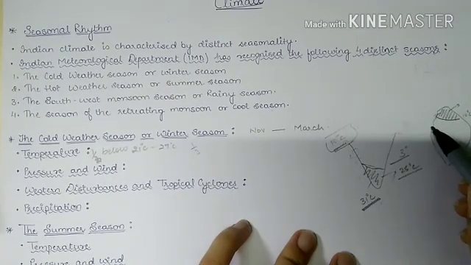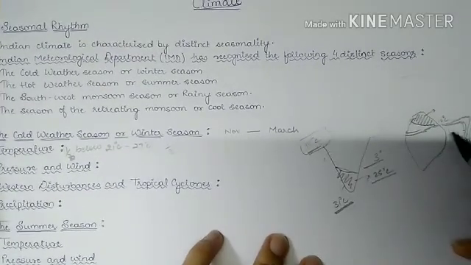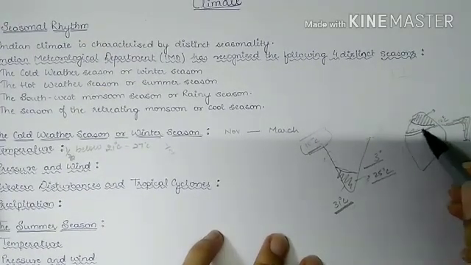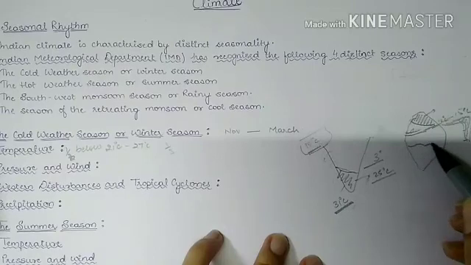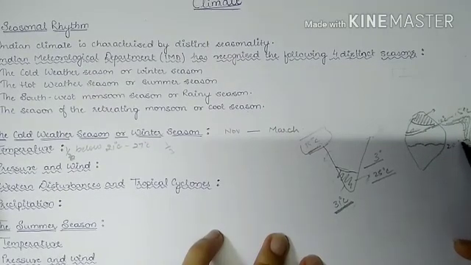Then we have the northern part, which includes some part of Rajasthan as well as Himachal Pradesh, Uttar Pradesh, Haryana, and Punjab. Here we have the eastern part, which has a temperature of about 15 degrees Celsius. Then here we have the 20 degree isotherm.